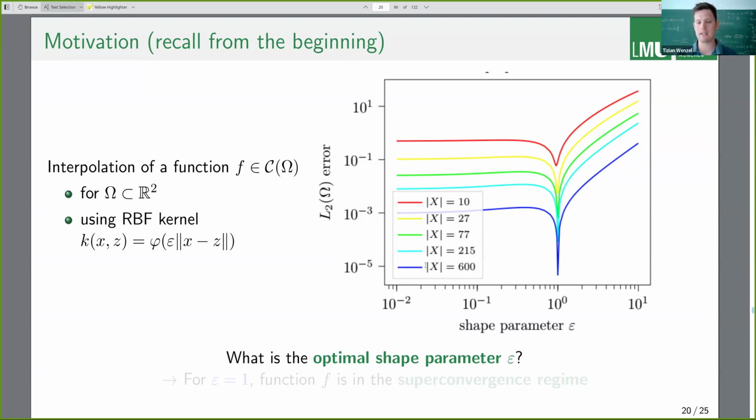The reason for this is that for the shape parameter epsilon equal to 1, we have a larger rate of approximation, and therefore the error decreases way quicker than for the other choices of shape parameter. So we can really see that in this example the shape parameter epsilon equal to 1 is the optimal one, because for this choice our target function of interest is included in this superconvergence regime.